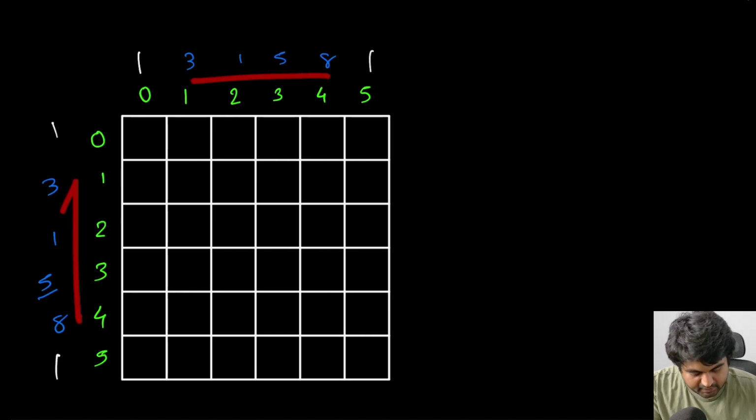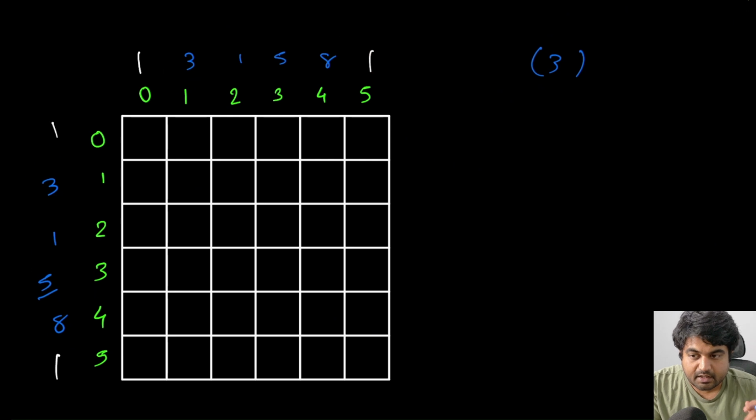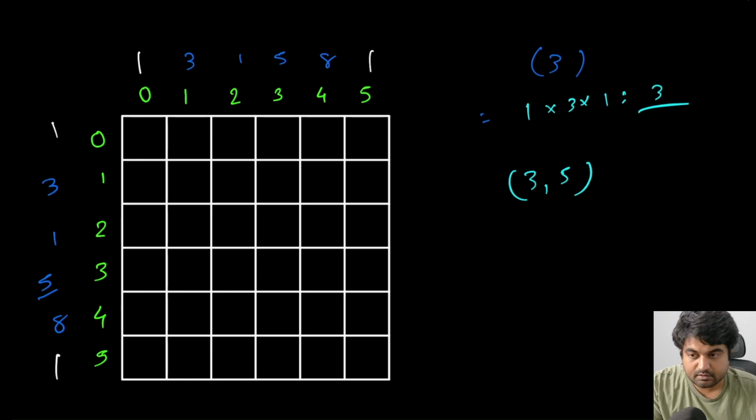Now one more thing: let's say I only give you value number 3 and ask what is the maximum I can generate. You would say it's pretty straightforward: 1 multiplied by 3 multiplied by 1, and the total is going to be 3 for sure. Now let's say I give you values 3 and 5. What is the maximum possibility? Well, we have two possibilities.